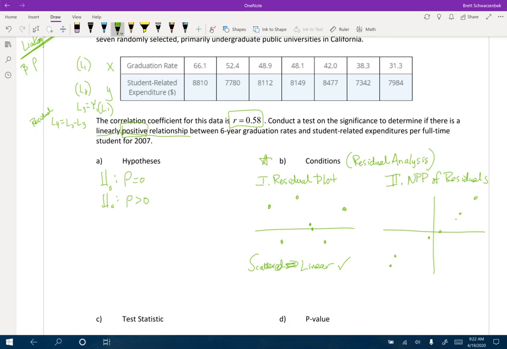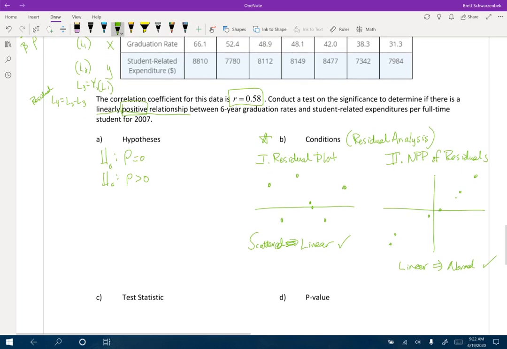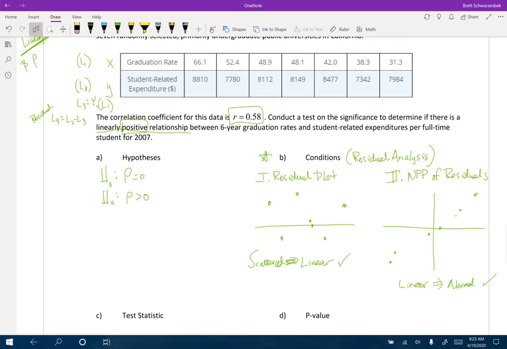We're looking for a linear relationship, which it is, and that implies that we have normality. So we'll check that off. These are a good check, and these are great results when you only have 7 in your sample. That's tremendous, because the less you have, the more likely you're going to have crazy results. So, so far, so good.